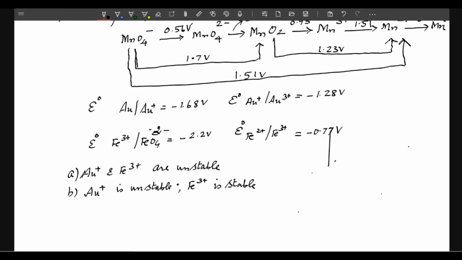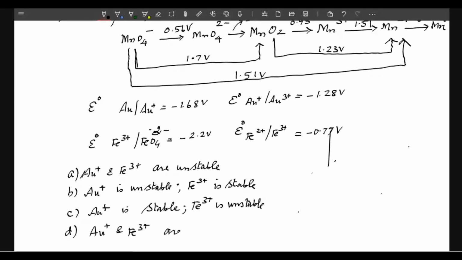What is the other answer? C. Au plus is stable, iron 3 plus is unstable. And the last option, D: both Au plus and iron 3 plus are stable. Which is your answer for this?